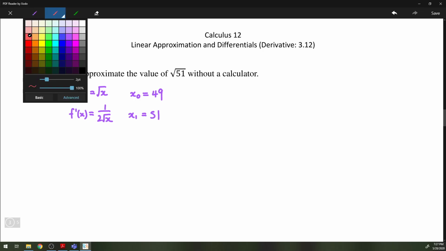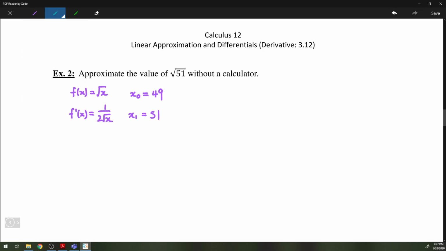And once again, we're going to apply our formula here. So this will be f of x1 is approximately equal to f of x naught plus f prime of x naught, and then x1 minus x naught. Okay, so we're going to go ahead and substitute once again.